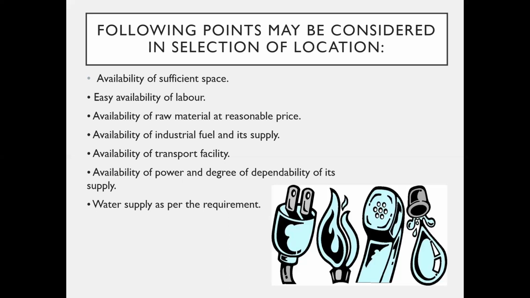That's why they have established their businesses near where the availability of water is more. If there is no requirement of water, it is not that we do not require water at all, but it is also important how much water is required for your business. So you have to consider those aspects when you are selecting a location.